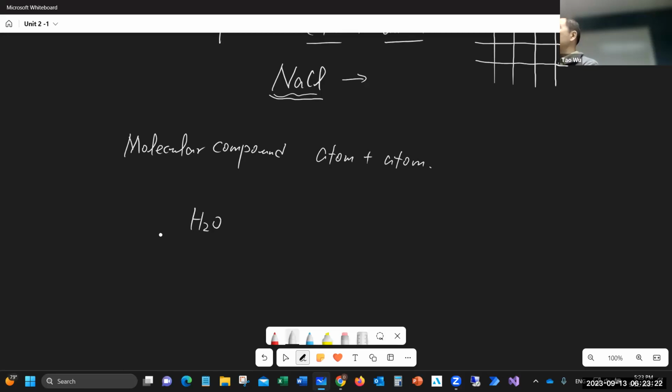Hydrogen is a non-metal, oxygen is a non-metal. Generally, in shape, it's a big oxygen combined with 2 small hydrogens. So we call this a molecule, because this single molecule is made by 1 oxygen and 2 hydrogen atoms. If we have 2 water molecules, they are not bonded together. They are free.